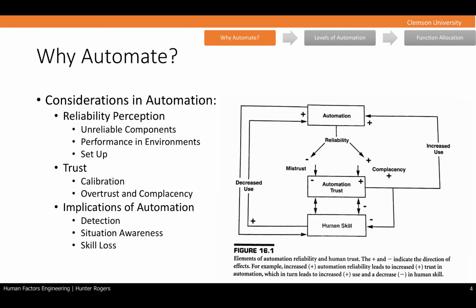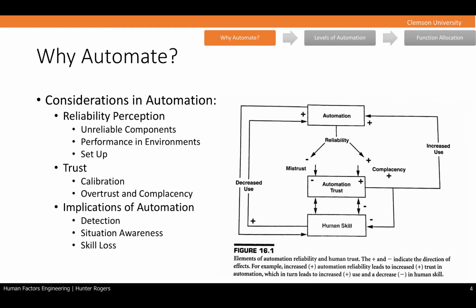When you look at signal detection theory and vigilance monitoring, those two things are affected by automation, given that if people have an overtrust and that leads to complacency, they're not monitoring that environment because of the automation. So detection can be affected by that. People won't be able to detect things in their environment as quickly or as accurately as they should.